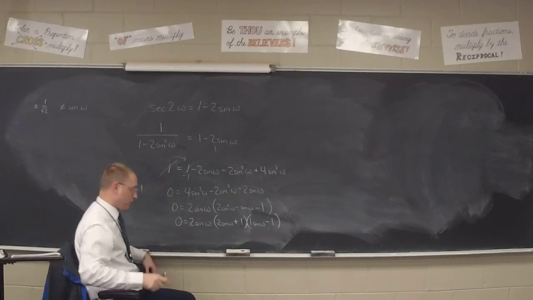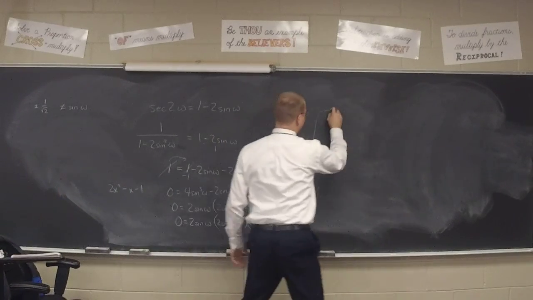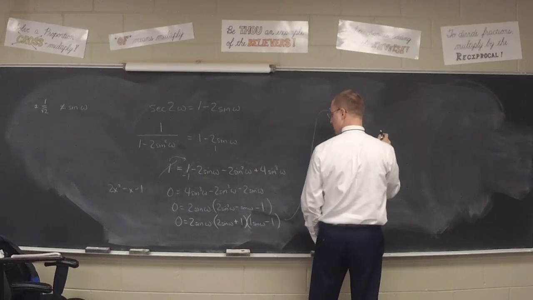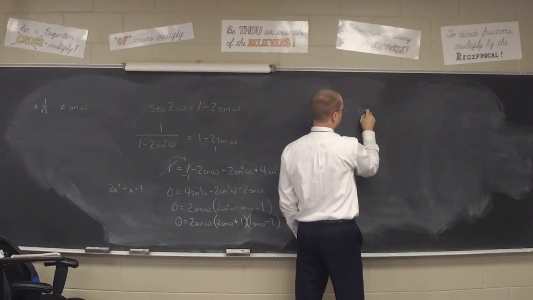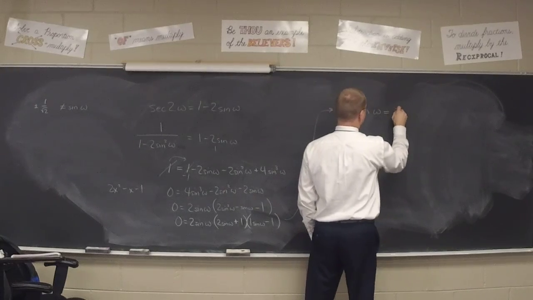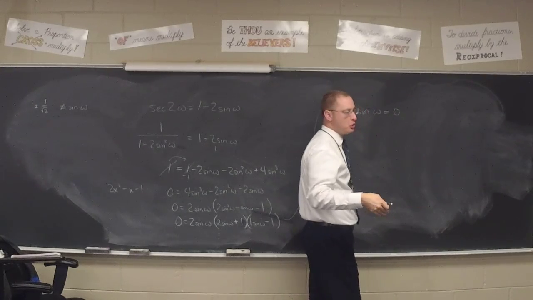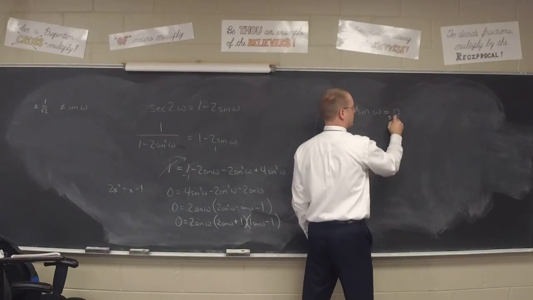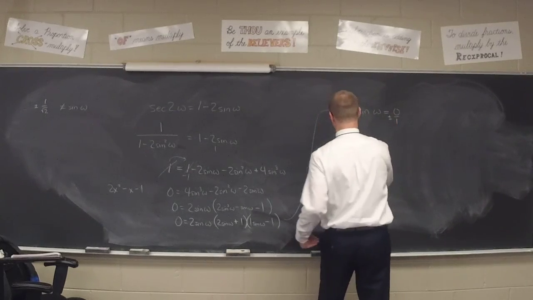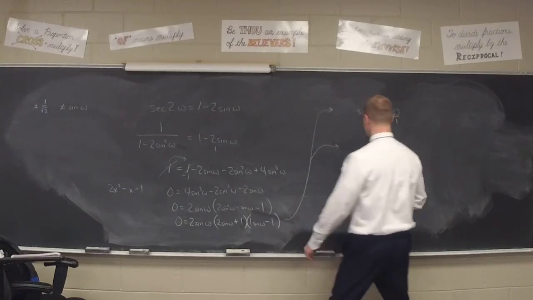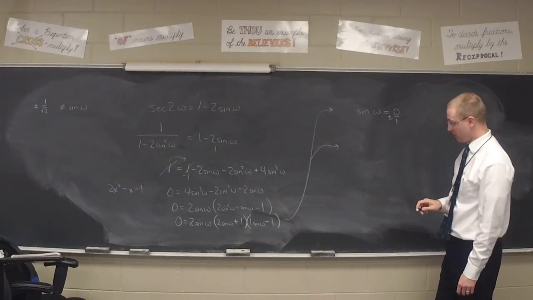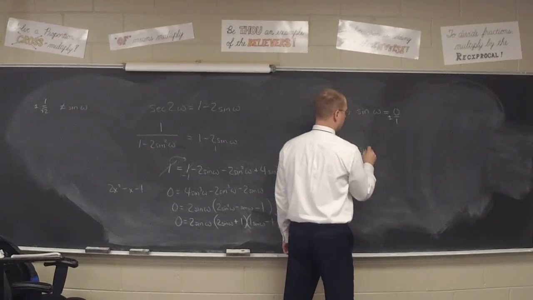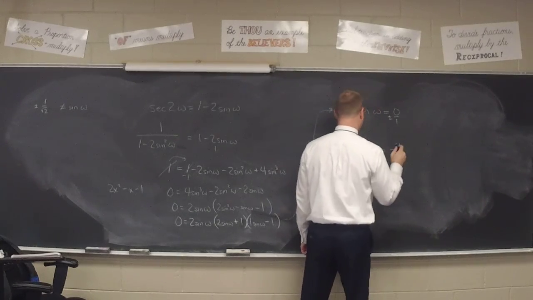Now, not 2 equations, but 3. Name all 3 equations. We're going to have sine omega equals 0 over 2, and 0 over anything is just 0, so I'll call it 0 over 1. Then 2 sine equals negative 1, so dividing by 2 it's negative 1/2.